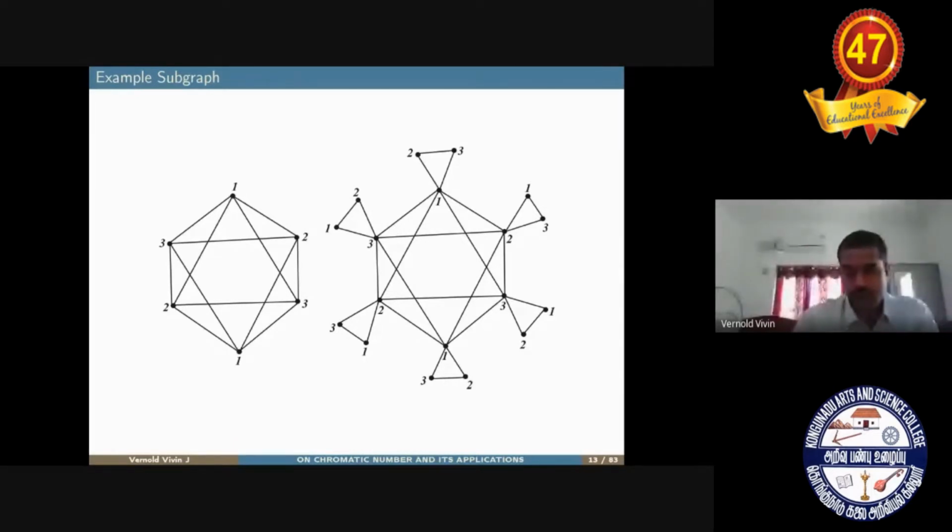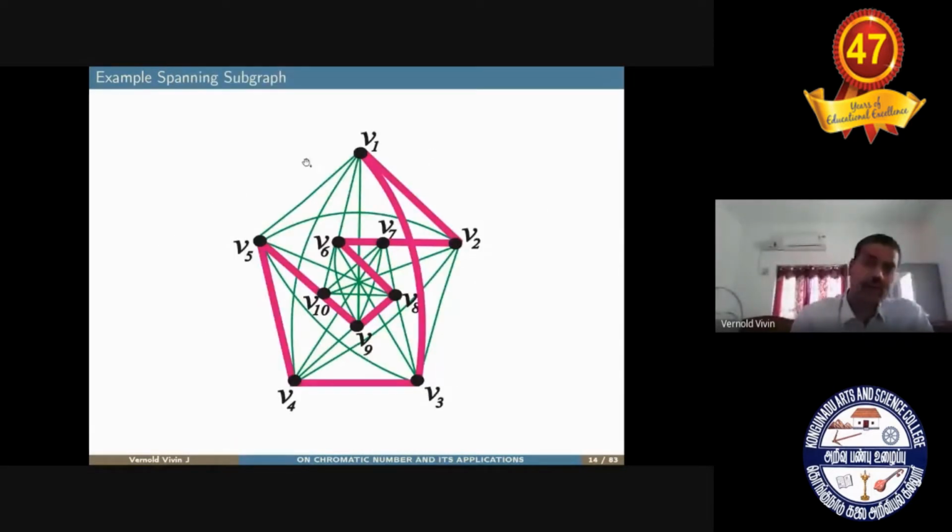Next, I go for a spanning subgraph. Here you can see a graph with V1, V2 and so on, which has 10 edges. From the definition of a spanning subgraph, all the vertices of the graph G should be present in the subgraph, so it should have the same number of vertices.